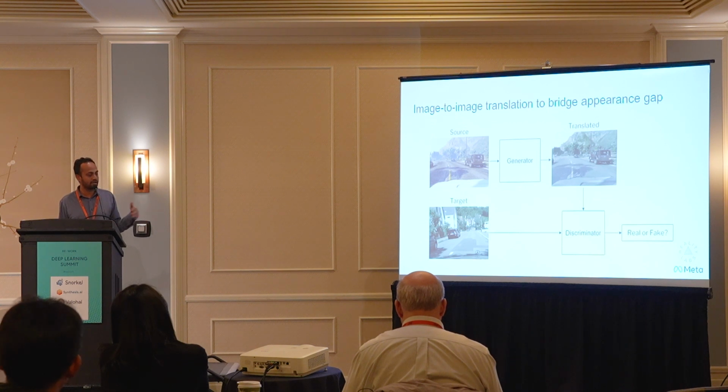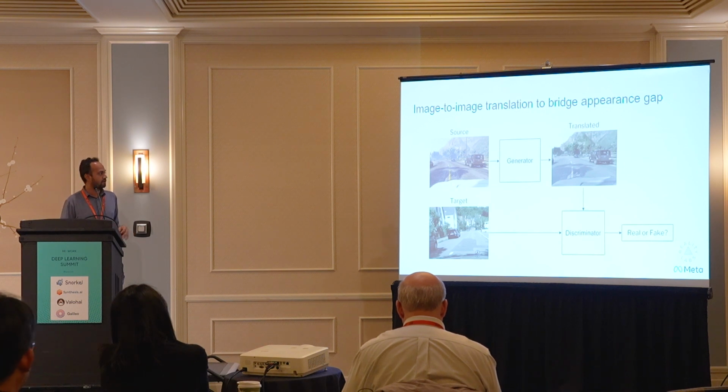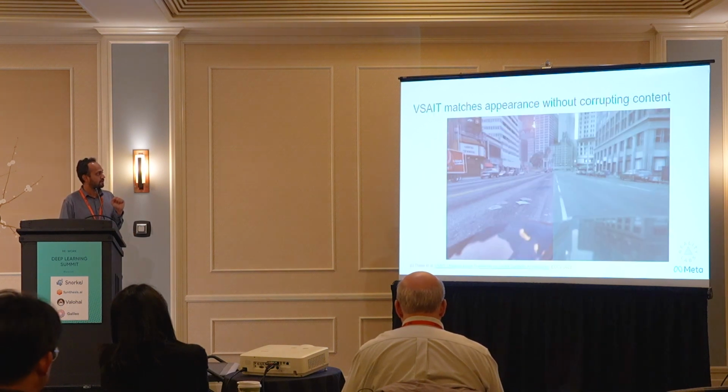In this case, the target is a real image, and the source is a GTA 5 image. The translated image starts to look real, just like the target image, and in this case, it's KITTI. And a discriminator just distinguishes between the translated and target and says whether the image is real or fake, or whether it comes from source or target. So this is the most popular technique to bridge this appearance gap.